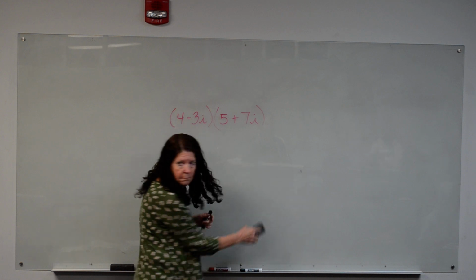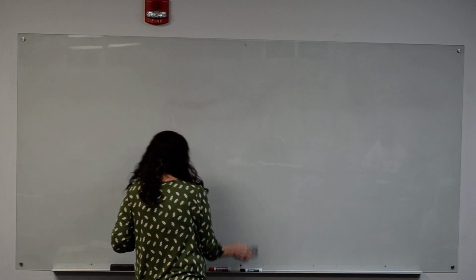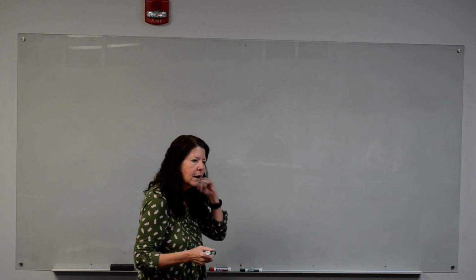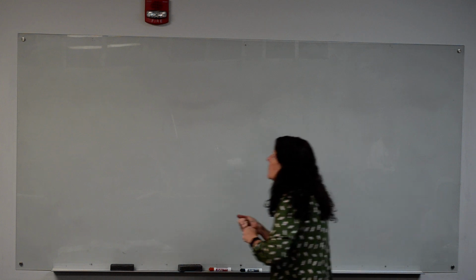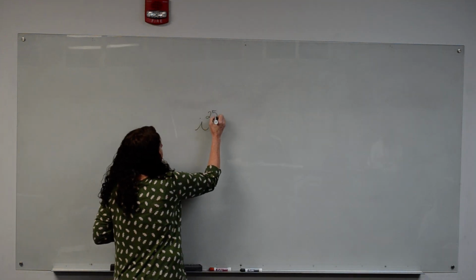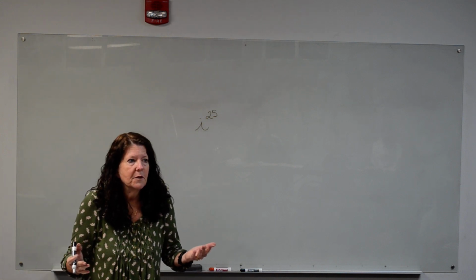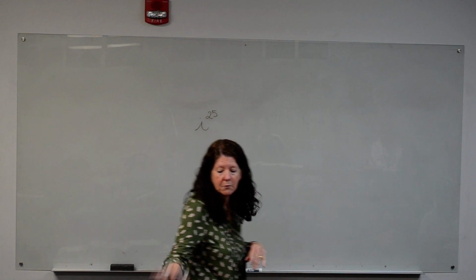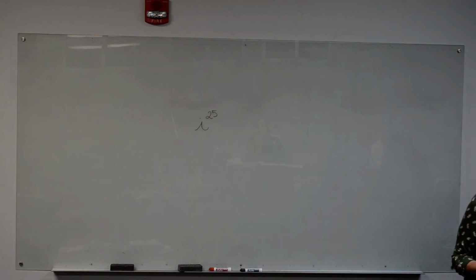Kate asked, I'll help you after I do that. Kate asked this question about what is i cubed equal to? So you're going to get things like this: i to the 25th power. And you go, what is i to the 25th power? The key, and I don't teach it the way the book teaches it, is I always teach it in terms of i squared.